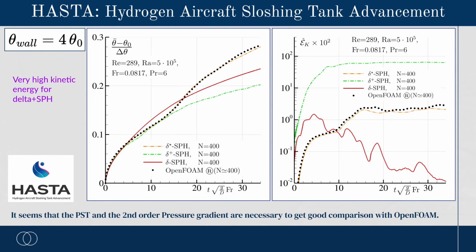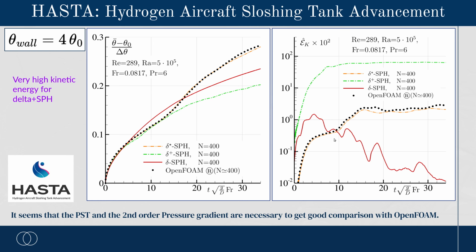Looking at the time histories of the average temperature and kinetic energy, we can see that the delta star SPH, the orange curves, are in good agreement with the OpenFOAM black dots. In contrast, the other two SPH solvers, green and red curves, produce a completely unphysical solution.